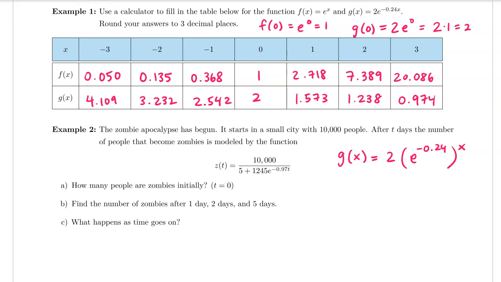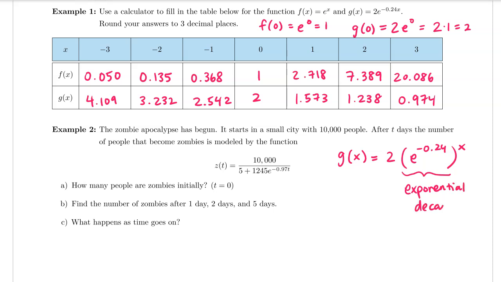Our output values are decreasing because if you threw this number e to the negative 0.24 into your calculator, that number happens to be between 0 and 1, and so because of that, we have exponential decay.